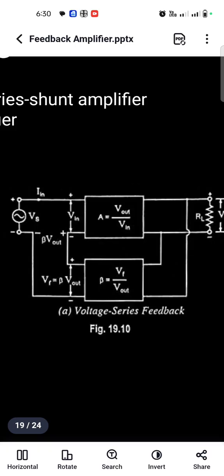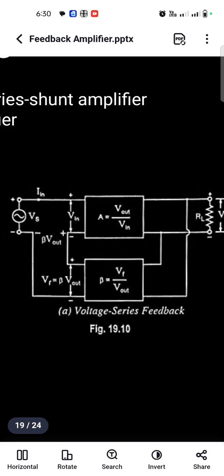See the input side, we know there is a mixing network present, right? In the mixing network, two types of mixing are there, series mixing or shunt mixing. From the topic, voltage series indicates that the series part is the input or mixing part. In this mixing part you make the connection using the series method.